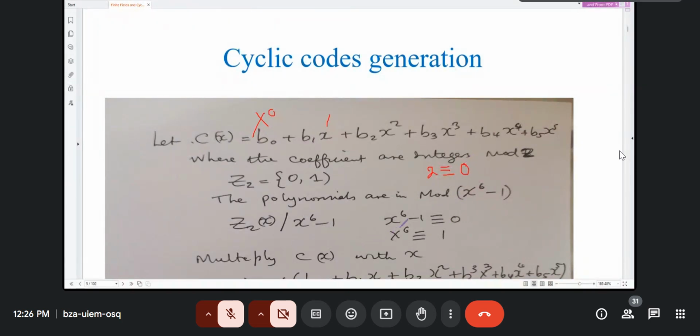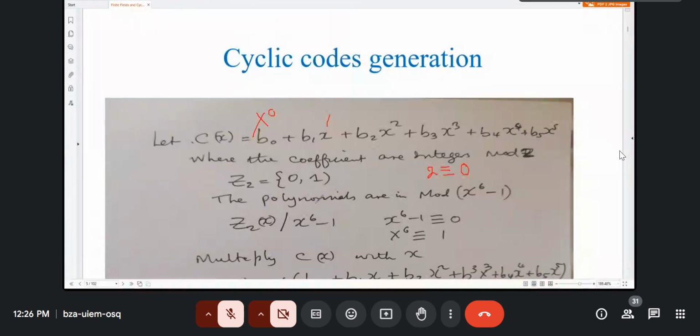So if it's mod 2, it will not have 2. If it is mod 3, it will not have 3. If it is mod 5, and why I'm saying that is because we normally use prime numbers, mod prime numbers. So if it's mod a prime number, you are able to create a finite set.